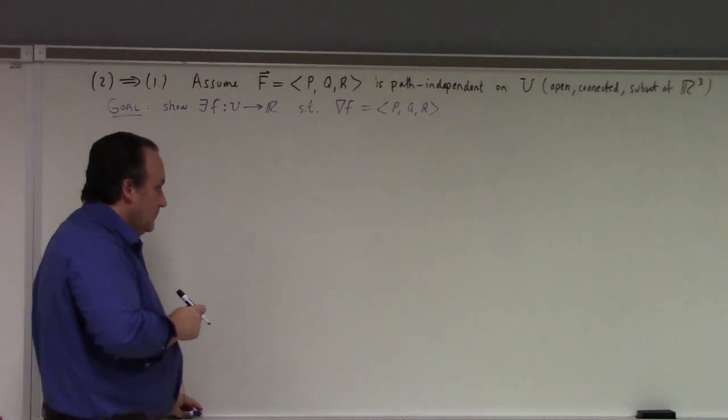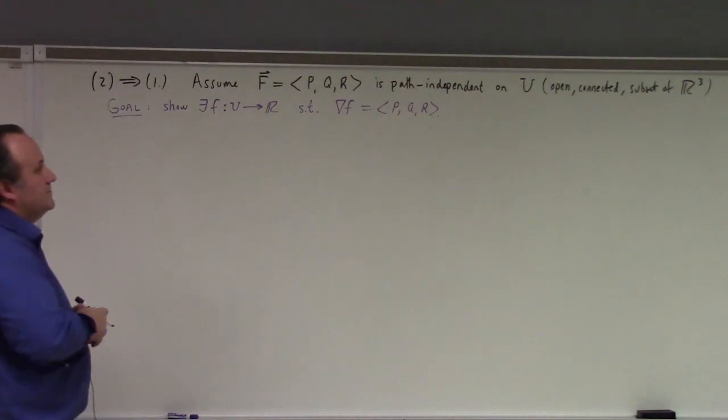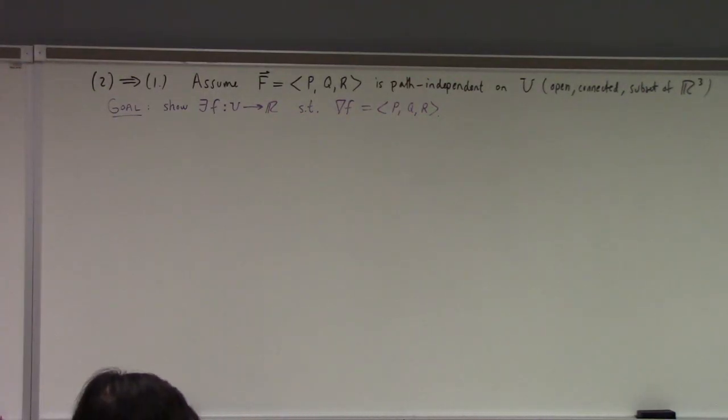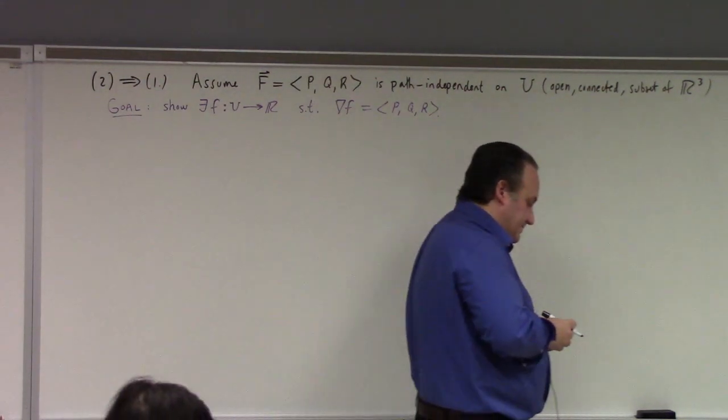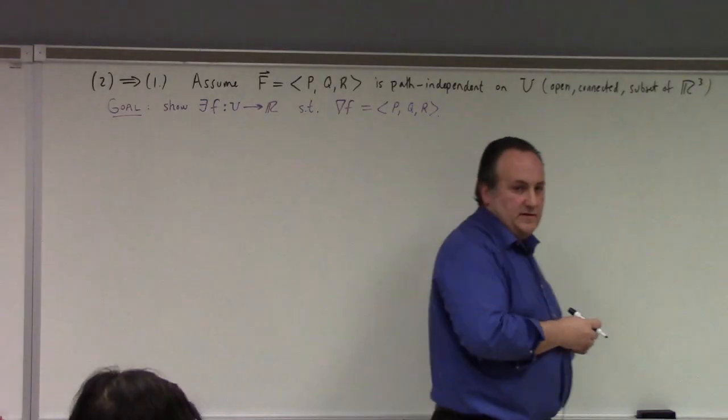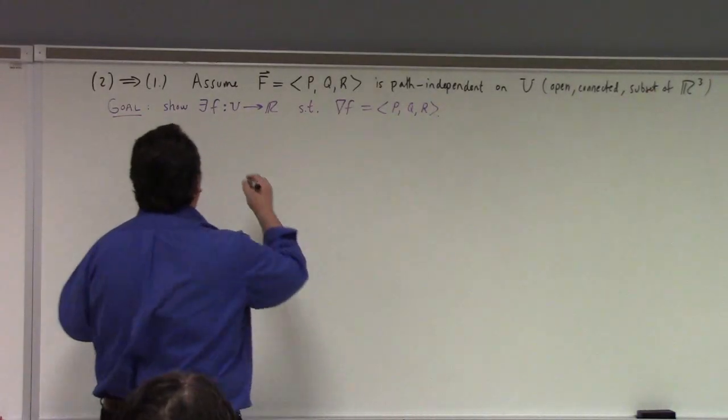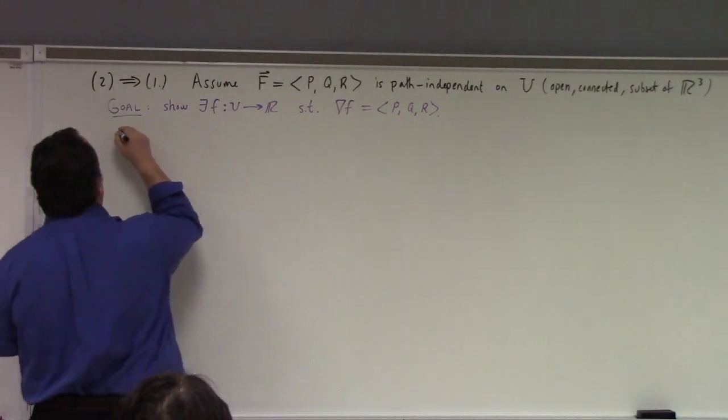So what we do is we use the path independence to define f. The definition that I'm going to give to little f is a proposal.